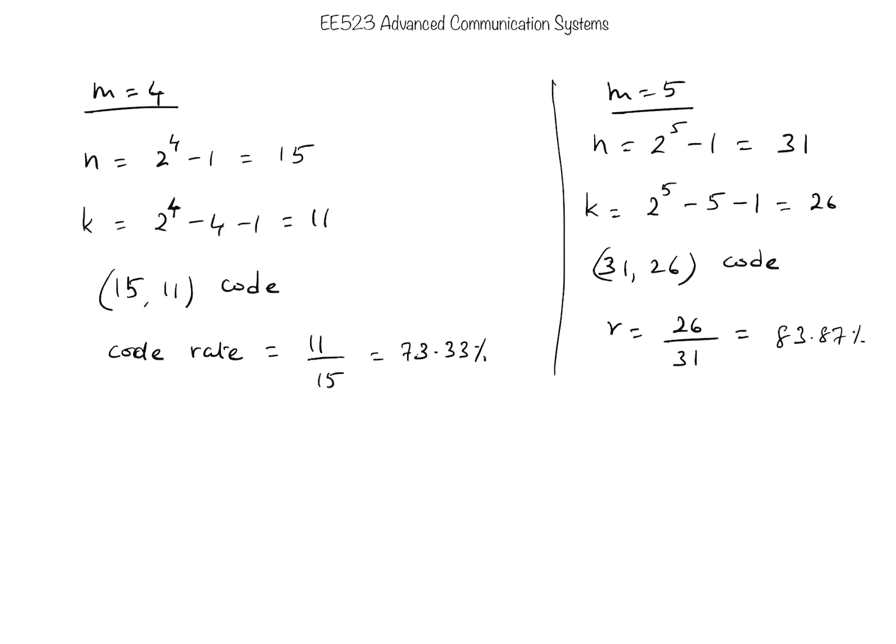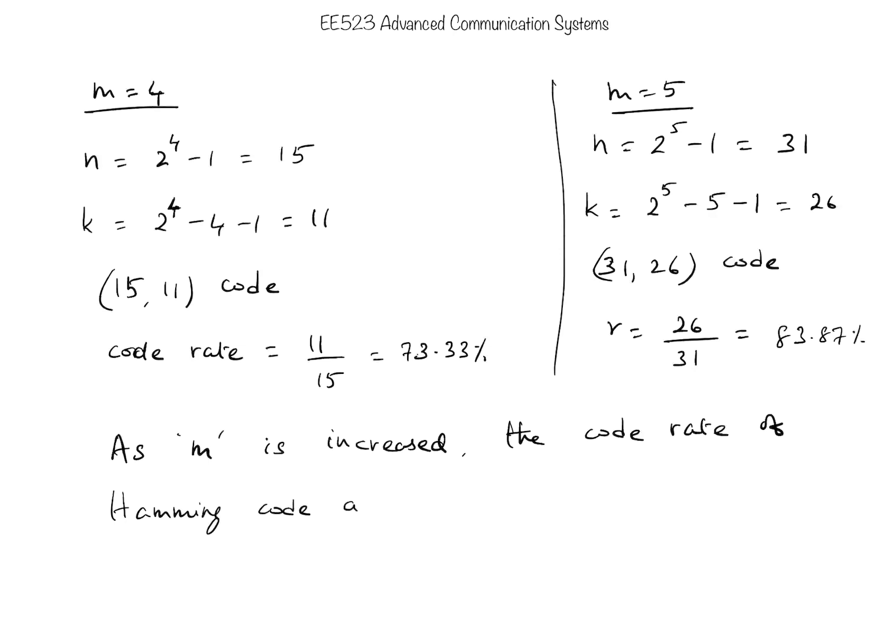So what we notice here is that as m is increased, the code rate of Hamming code approaches 1.